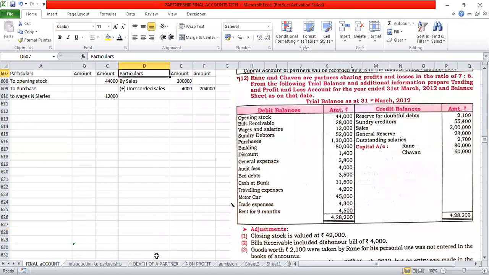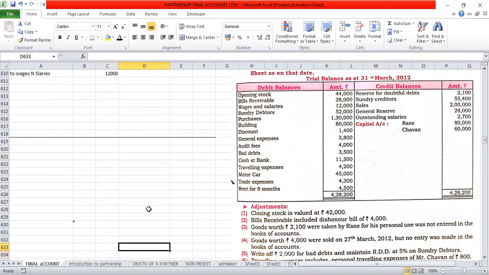Next item in the trial balance after sundry debtors. Debtors has one more adjustment, that is the RDD adjustment, which we will always do last. Purchases amount is 1,30,000. Then the next item in the trial balance is building. Building amount is 80,000. Where do we take building? Balance sheet asset side.